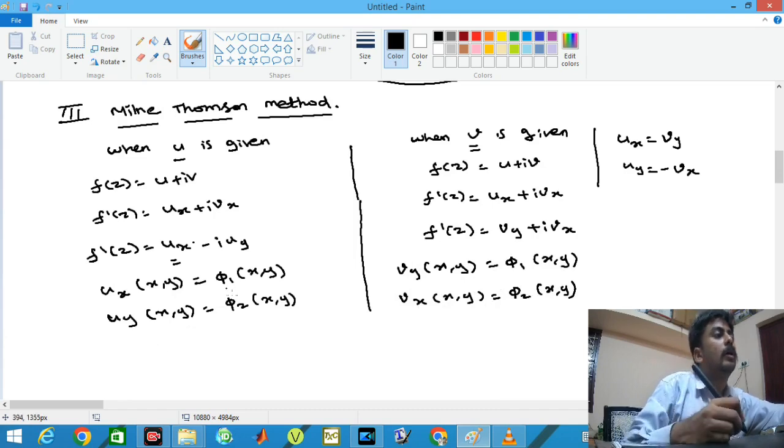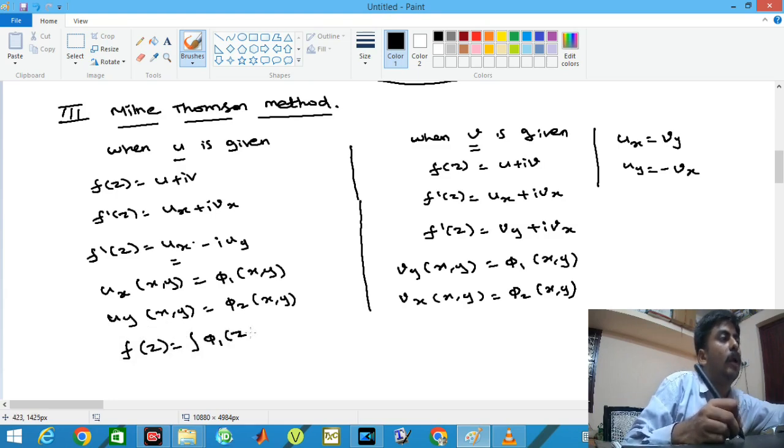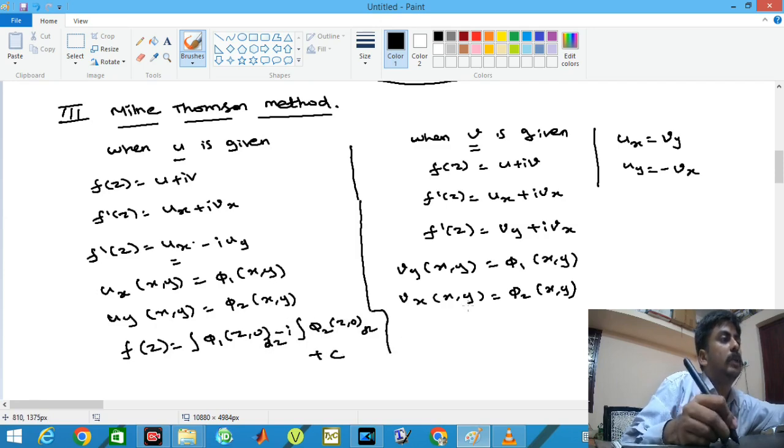Now we have to replace x by z and y by 0, and we will find f of z, that is f of z equal to integral phi 1 of z comma 0 dz. Here we have minus i into uy, so we will have minus i into integral phi 2 of z comma 0 dz plus a constant c.